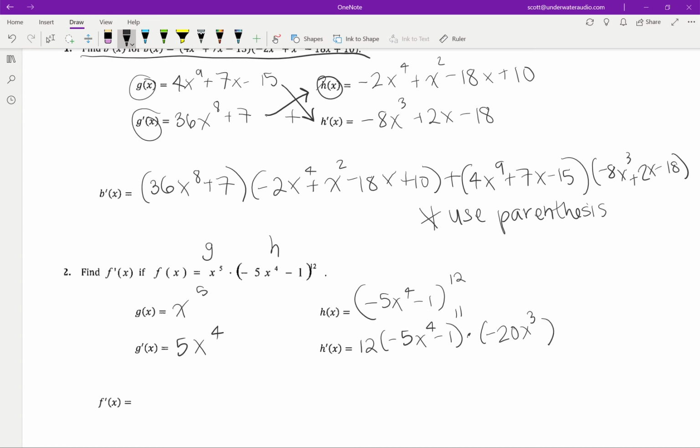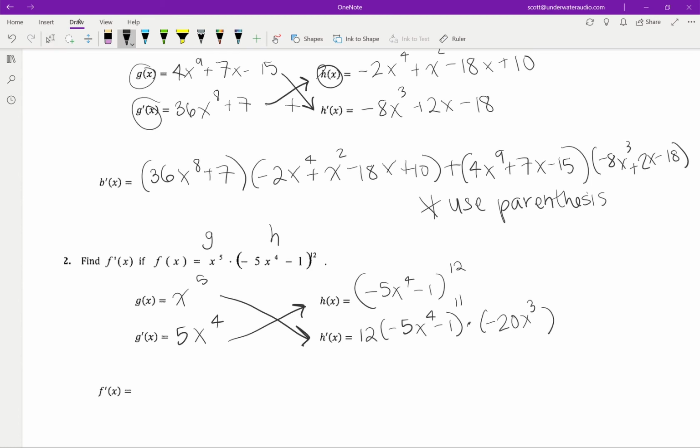Okay, so then I'll do this pattern again where I multiply these two, and add it to the multiplication of those two. So that's x to the 5th times 12 negative 5x to the 4th power minus 1. I gotta close the parentheses. Oh, and actually, I don't need to close it just yet.